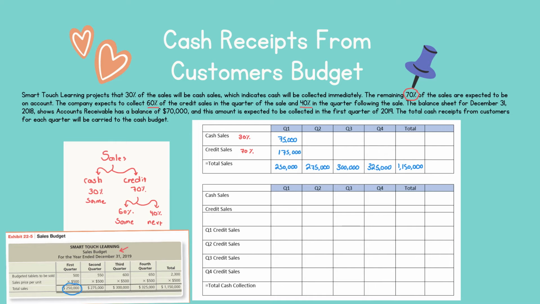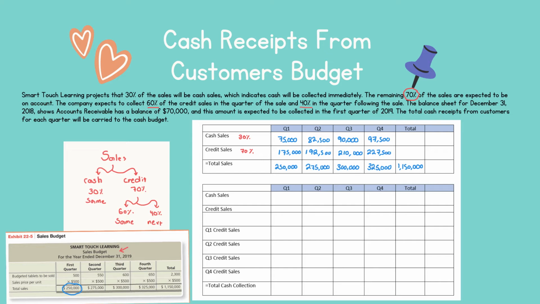Now 275 times 30%, it's going to be 82,500. 275 times 70%, it's going to be 192,500. 300,000 times 30%, it's going to be 90,000. 300,000 times 70%, it's going to be 210. 325 times 30%, it's going to be 97,500. 325 times 70%, it's going to be 227,500.